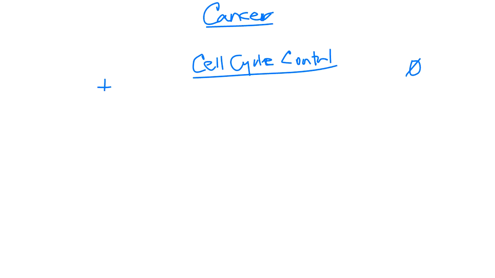So on the on switch side, we have genes called proto-oncogenes. Okay, and these are normal, healthy, right? These are there for a purpose so that when cell division is needed, these will promote the cell into cell division.